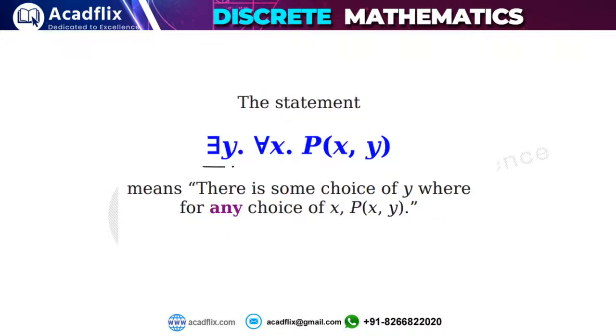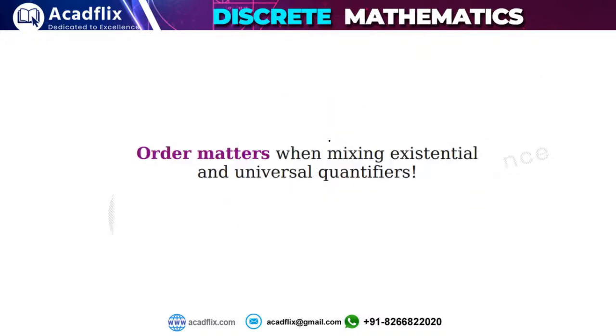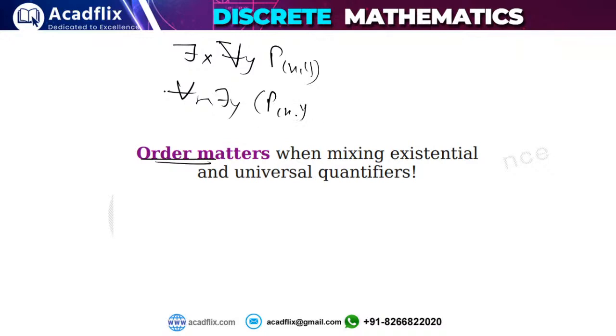Similarly here, there exists y for all x. It is saying there must be at least one y such that you put any choice of x here, and P(x,y) must be true. Now let's see the next thing. Remember, order matters in quantifiers. These two things are different.